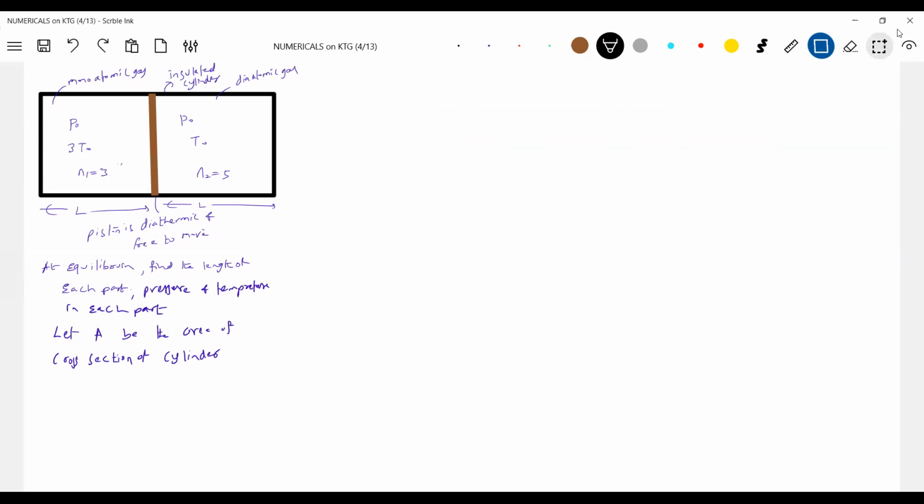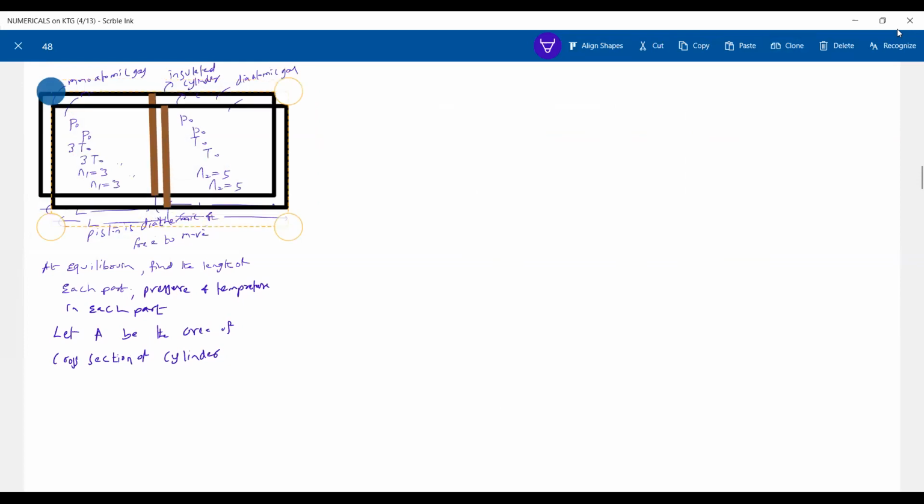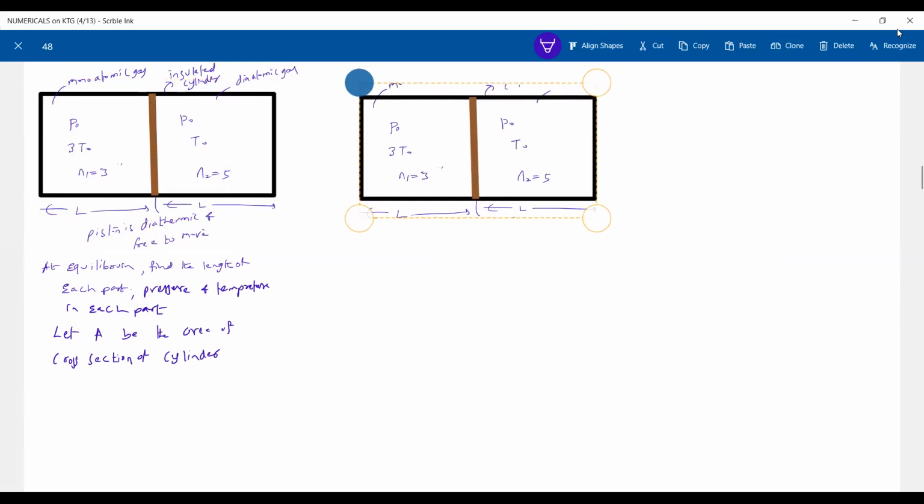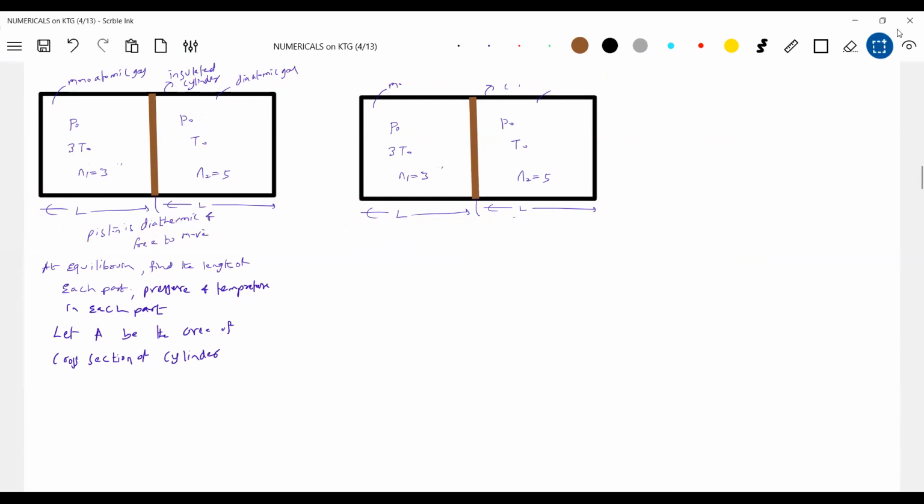Same size cylinder. Okay, so let me keep it. So this will be the final. Finally, we don't know the pressure, let it be P, and the temperature be T.